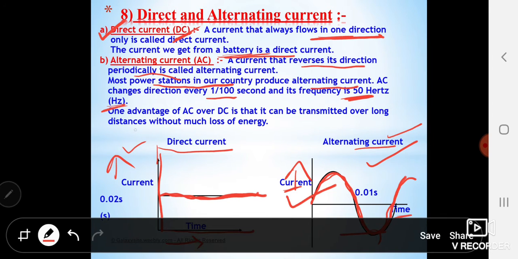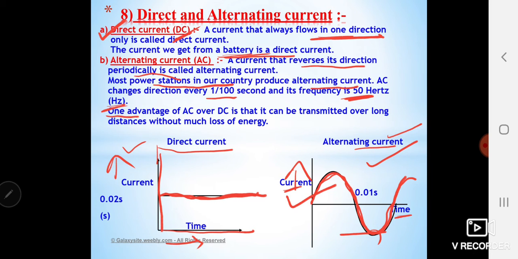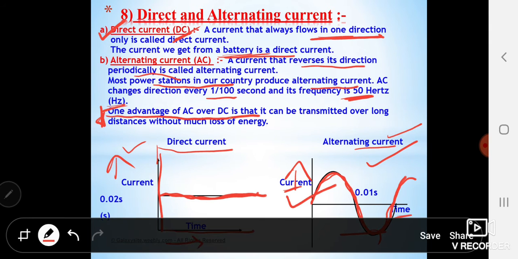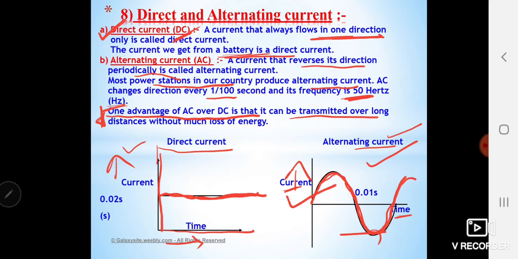A very important concept is the advantage of AC over DC, keep in mind. AC is more advantageous than DC. Why? It is very simple. AC can be transmitted over long distances without much loss of energy.